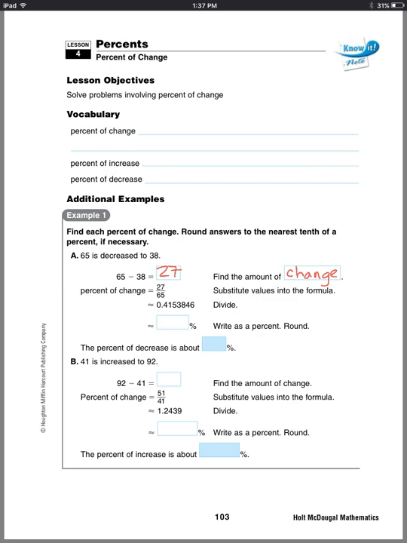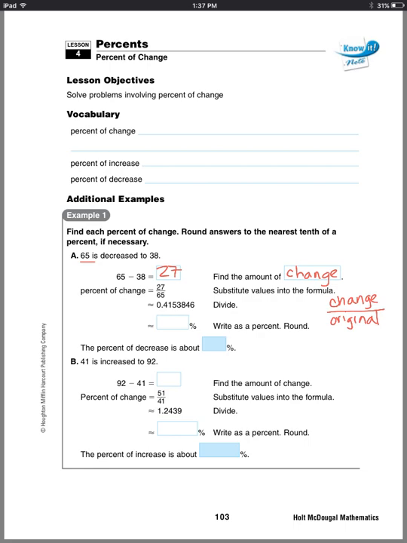To get it to a percent, we take our change over our original. Okay? And that original is always going to be your first number in the problem. So that's where we get 65. So we take 27 over 65.